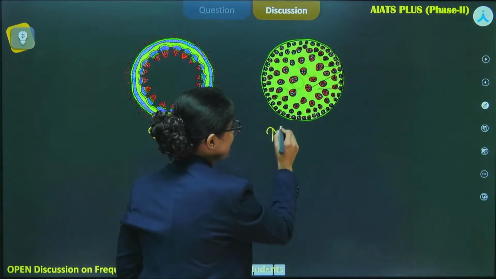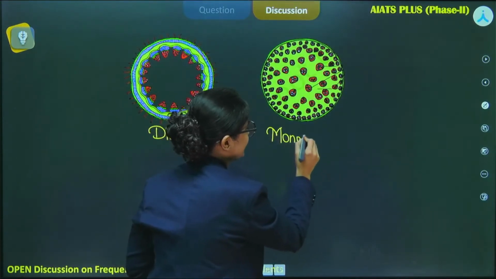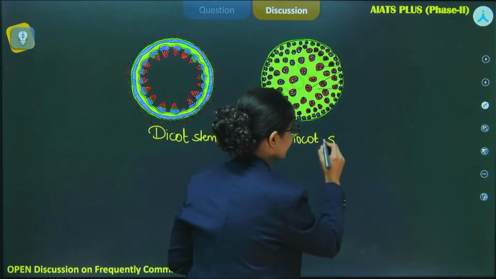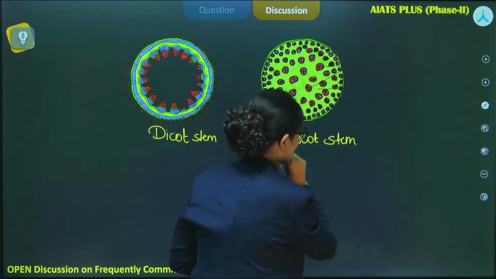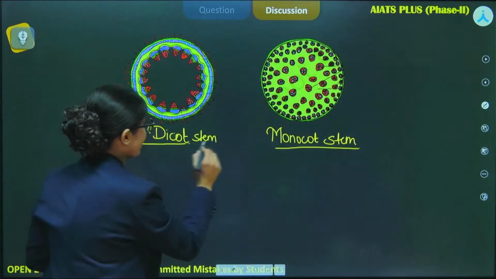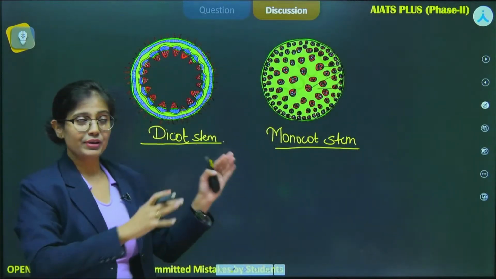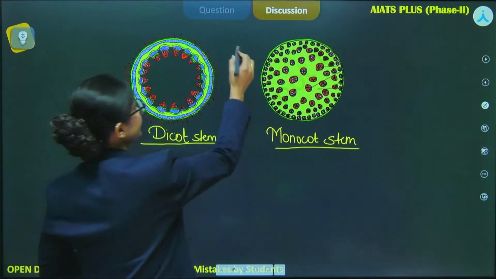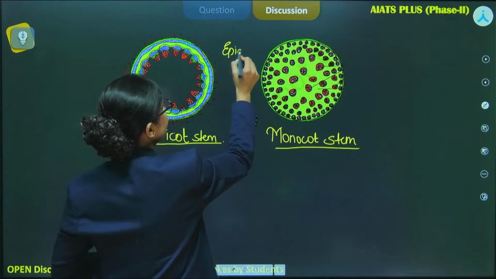And this is the transverse section of monocot stem. TS is the short form for transverse section. Don't get confused that I have used some other term. Okay. So if we look into the picture, we can see they both have epidermis. It is common in them.